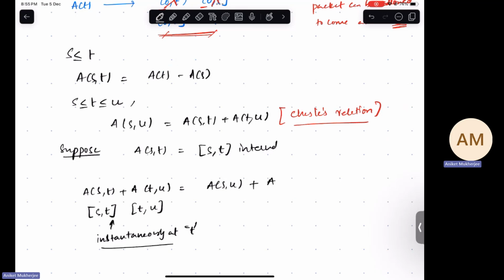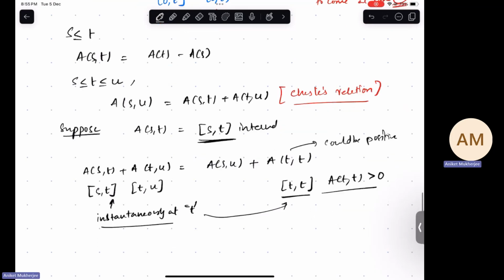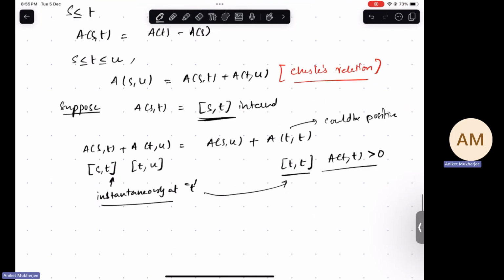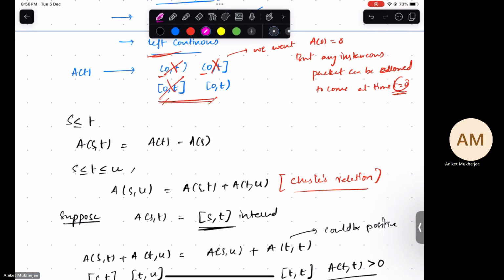So you'll have an A(t,t), and A(t,t) could be positive, because there could be an instantaneous arrival at t, and A(t,t) would be greater than zero, right? We don't want that. So this also goes, and this is the only thing that is left.